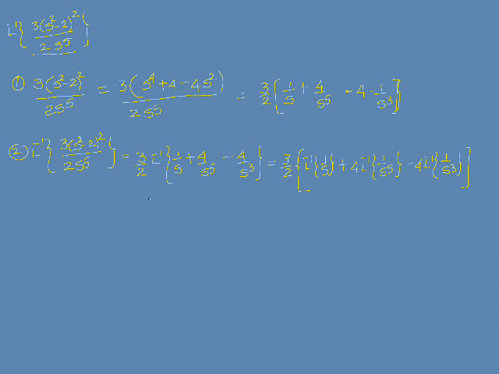L inverse of 1 by s is 1, plus 4 into L inverse of 1 by s power 5, which is t power 4 by 4 factorial, minus 4 into L inverse of 1 by s cube, which is t square by 2 factorial. If you simplify this, you are going to get the answer: 3 by 2 into 1 plus 4 into t power 4 by 4 factorial minus 4 into t square by 2 factorial.